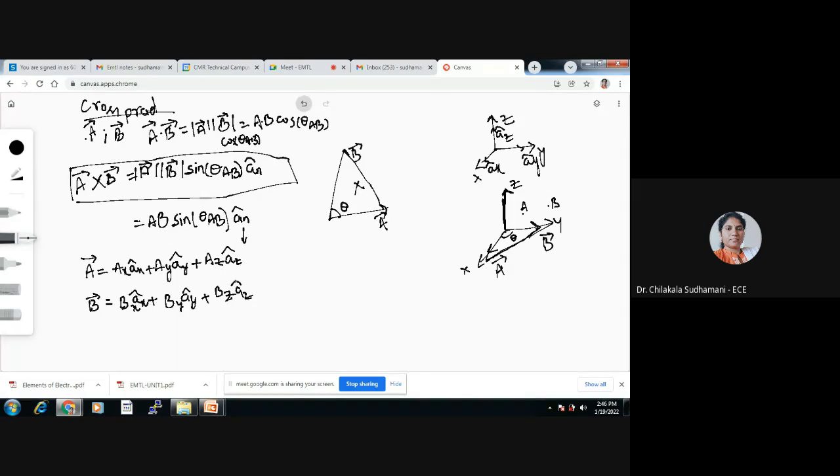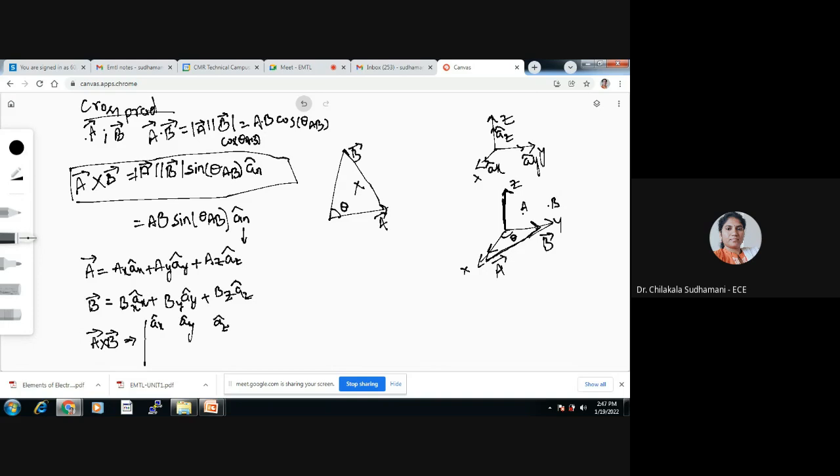Now, if two vectors are given in the XYZ coordinate system, then A bar cross B bar is calculated using the determinant or matrix representation. First you have to represent the direction parameters: AX cap, AY cap and AZ cap.